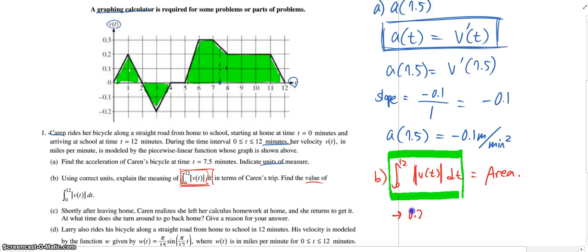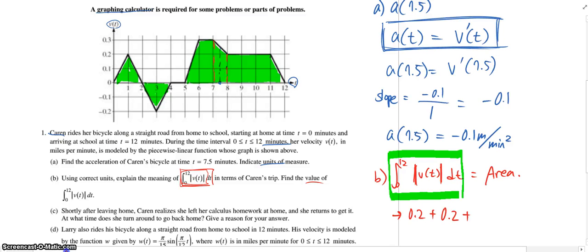This triangle here is negative 0.2, but because we have the absolute value, we just add them, not subtract. For the rest, it's easier for me to divide it into sections and get each area from 5 to 7, from 7 to 8, and from 8 to 12.